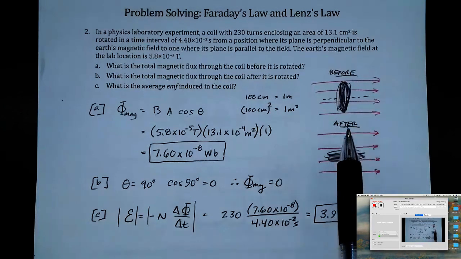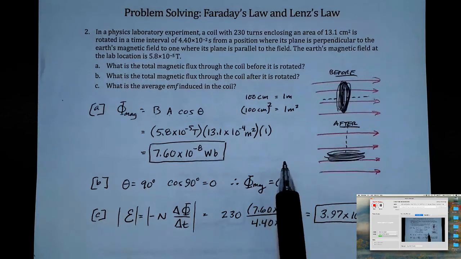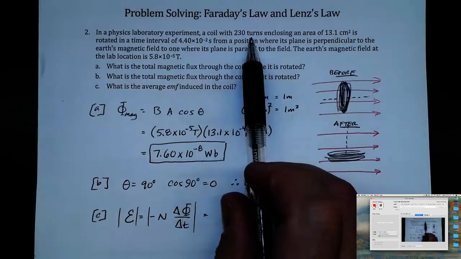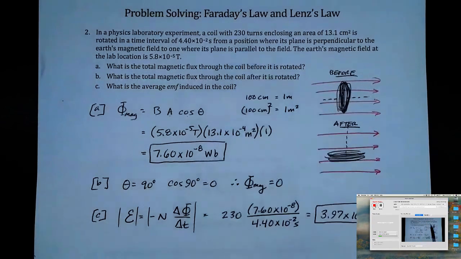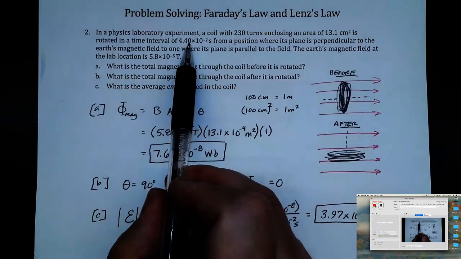However, Earth's magnetic field is not super strong, and so if you look at this, 230 turns is not an insignificant amount of turns in a coil of wire. You're turning it pretty rapidly if it's just taking you 0.04 of a second to go a quarter turn.